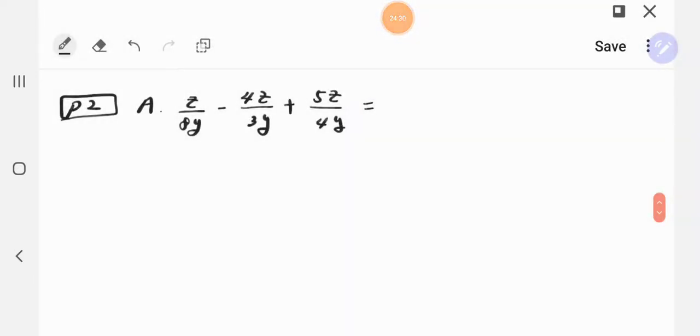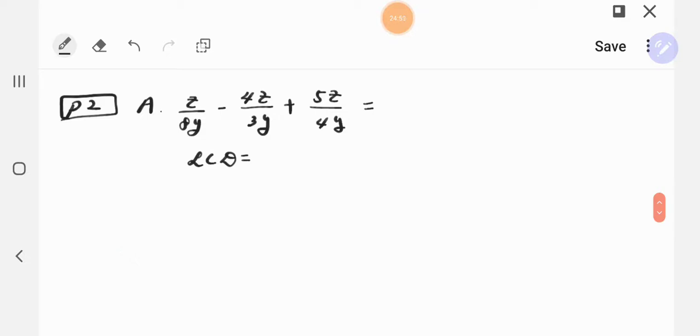Okay, problem number 2. Please pause and try this one. Okay, now get the LCD. What's the LCD? The LCD is the product of all the factors, the largest ones.